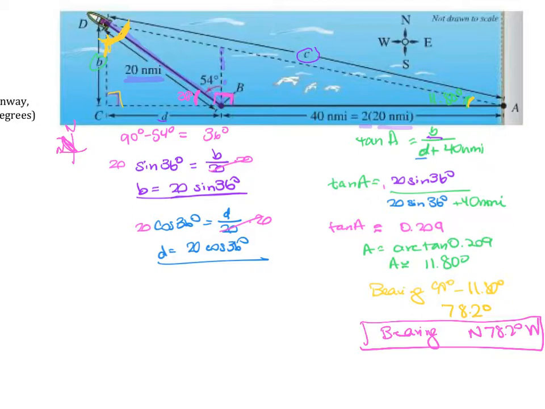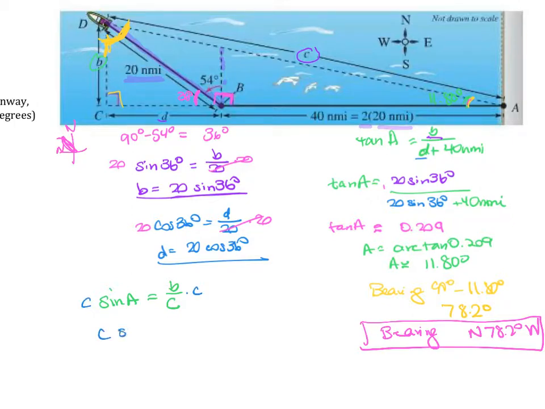So we do know this angle here, so let's try to use sine of A. So sine of A equals B over C. And we're trying to solve for C, so let's multiply by C on both sides.